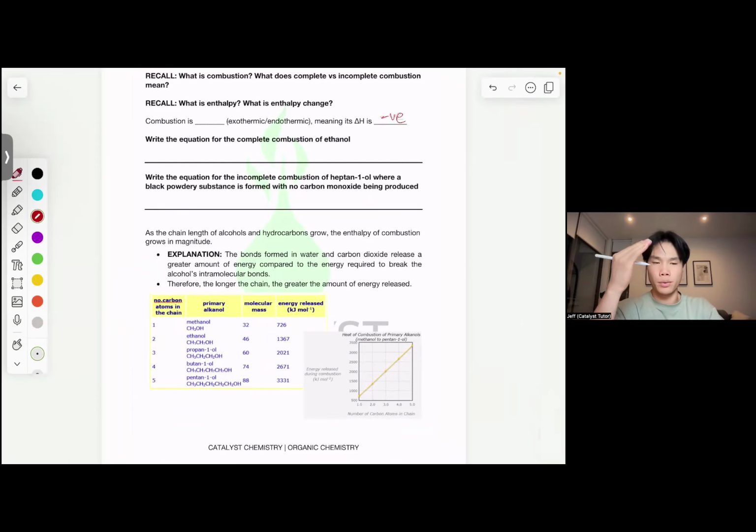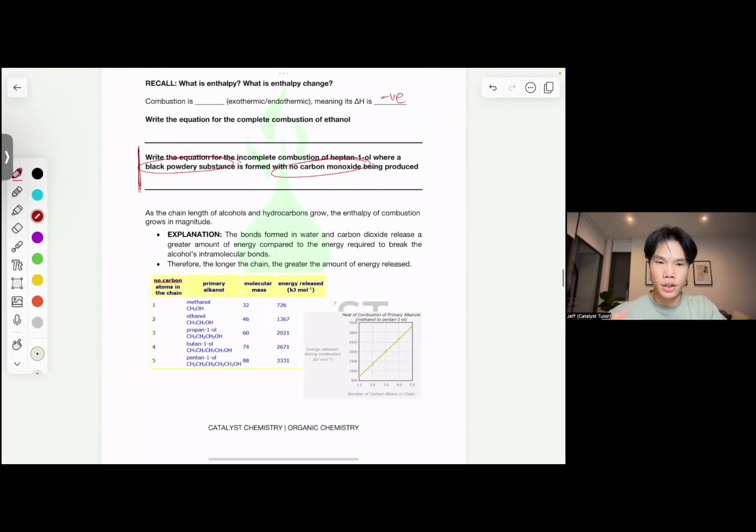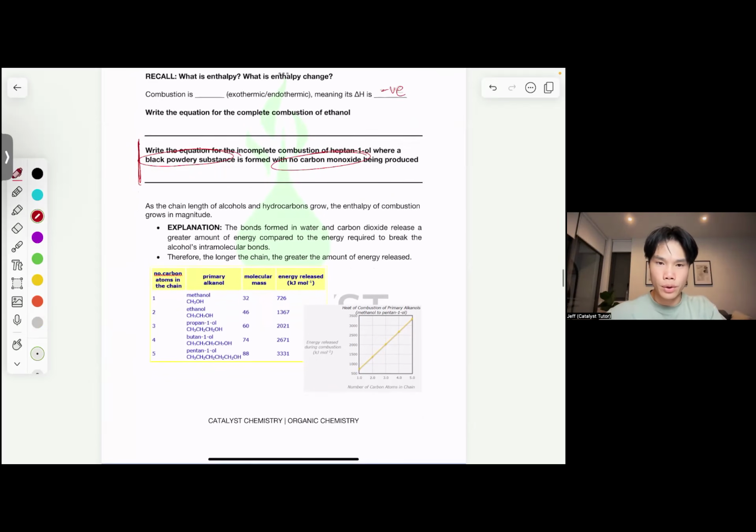It reacts with oxygen, making CO2 and water in the complete case, CO and H2O in the incomplete case if they tell you carbon monoxide, and soot and water if they tell you that. For the incomplete cases, they'll tell you whether you're making carbon monoxide or this black powdery substance, soot. It will only be one of the two in an equation unless they tell you otherwise, or give you the equation to balance.